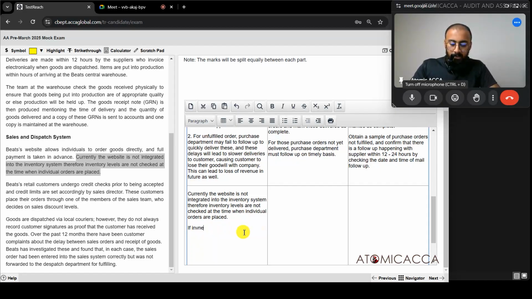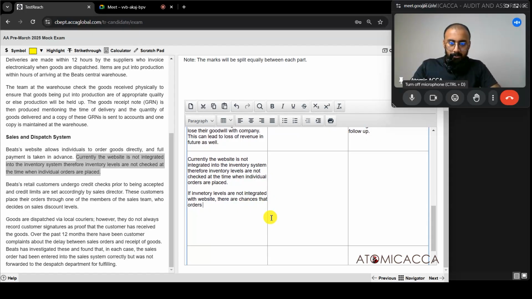If inventory levels are not integrated with the website, there are chances that orders may be placed and money collected for items that are not available in stock.